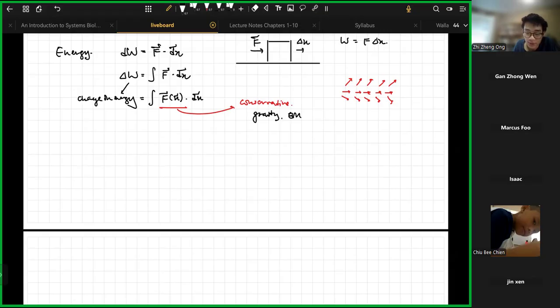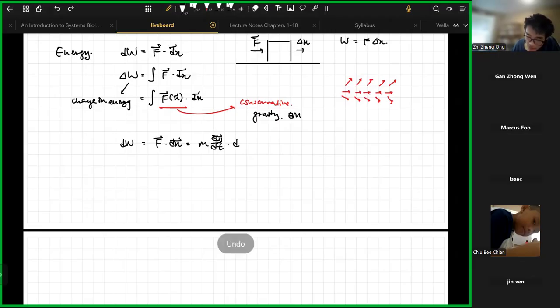Or you can say that the net force acting on the body is F equals ma, the net force, sigma F, not just individual Fs. So the total force can be written as dv/dt, dot product with dx.